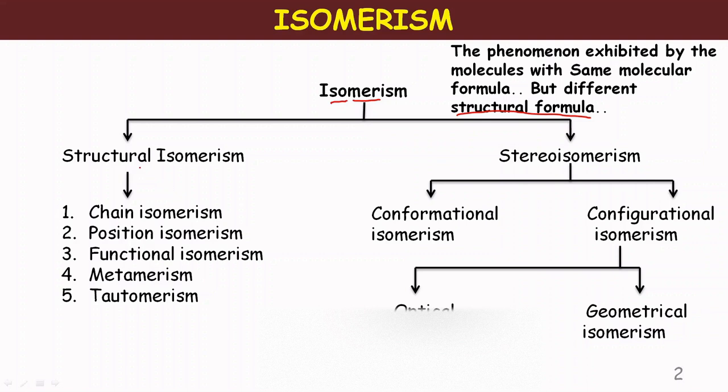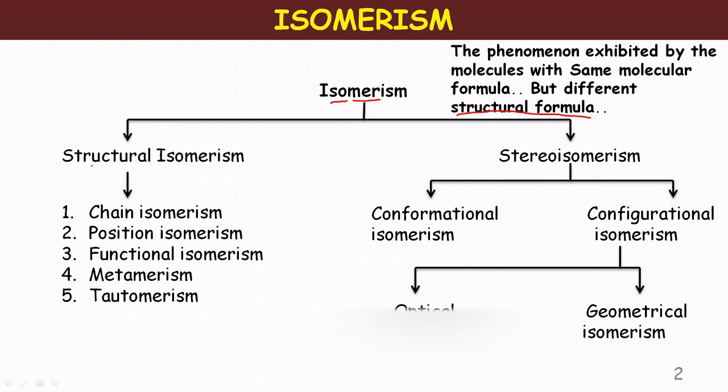Generally, isomers can be divided into two types. One is structural isomerism, also called constitutional isomerism, and another one is stereoisomerism.